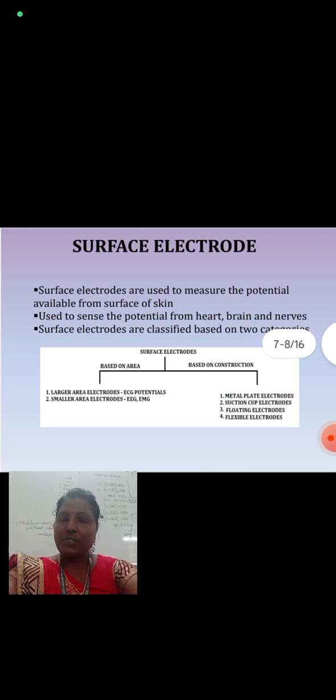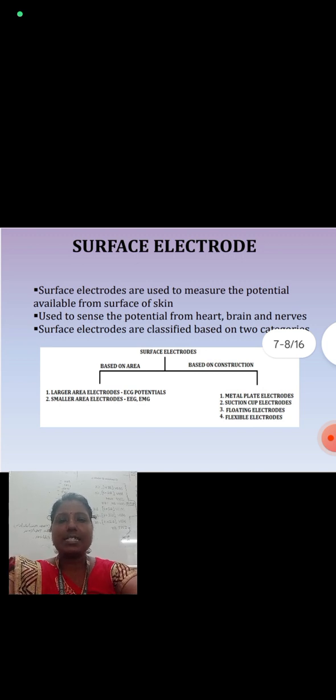Now, surface electrodes are classified into two categories: one based on area and another based on construction. Based on area, surface electrodes are divided into two. One is the larger area electrode, which is used in measuring ECG potential, and the second is the smaller area electrode, which is used in measuring EEG and EMG potential.